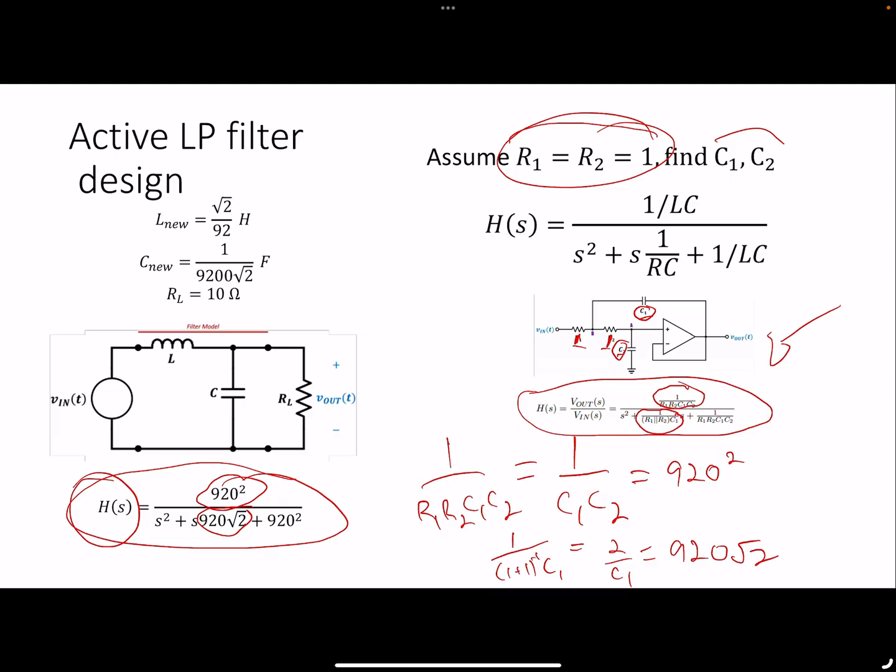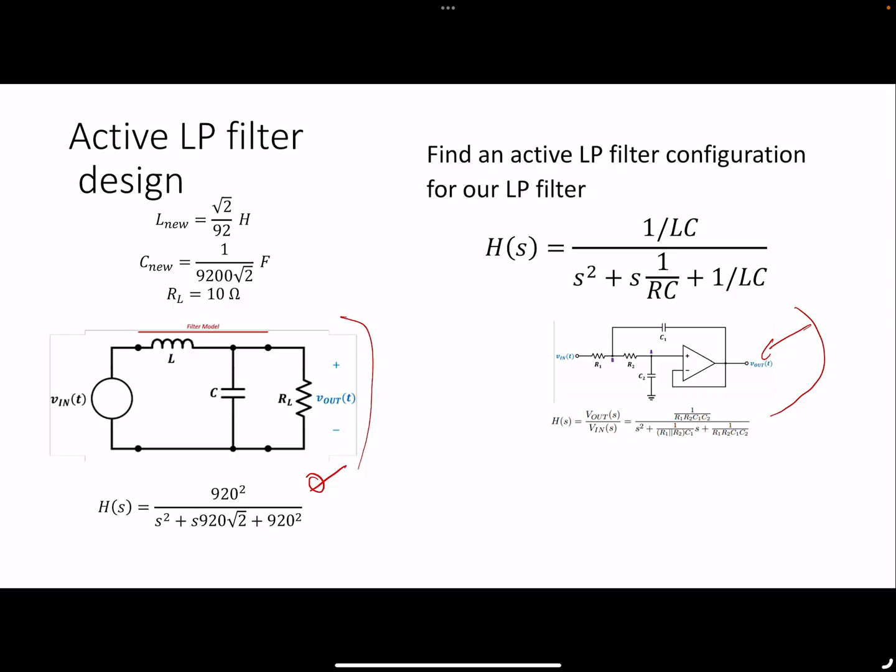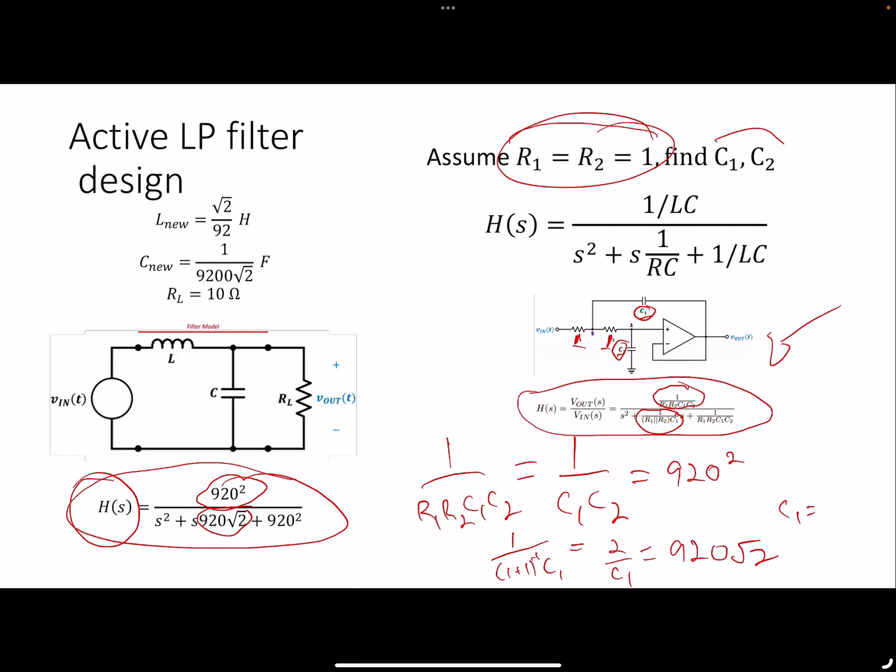So what does C1 have to be? Basically, C1 equals square root of 2 over 920. And then what would C2 have to be for this to work out?